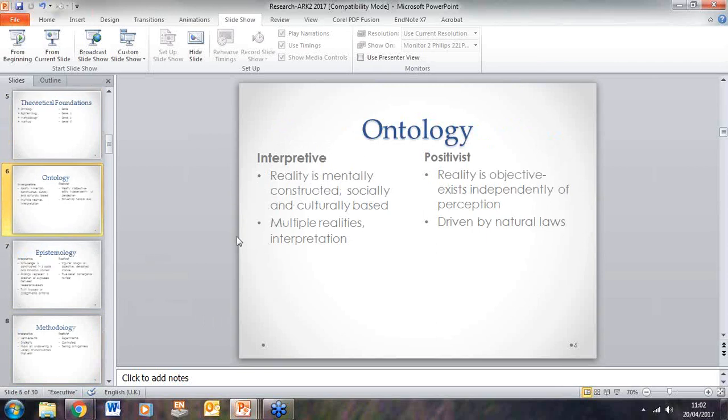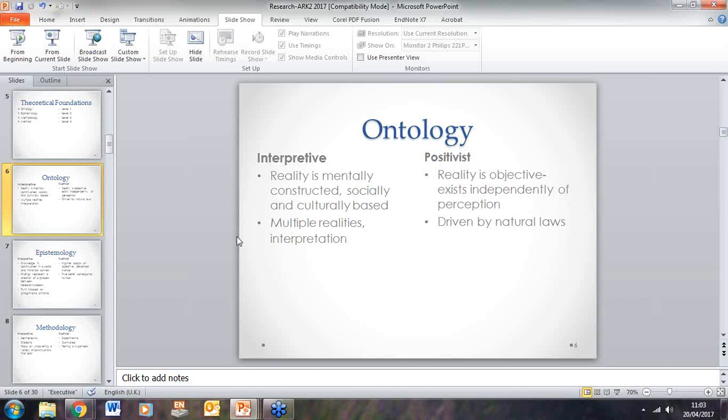So what do I mean when I talk about ontology? I've got two different opposing ideas there. I've got an interpretive ontology. This is where we talk about, and what I've said there is, reality is mentally and socially and culturally constructed. Multiple realities exist. There are multiple interpretations.